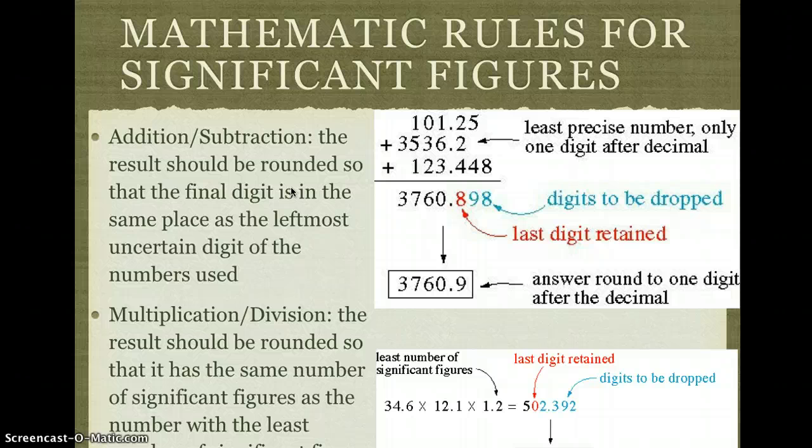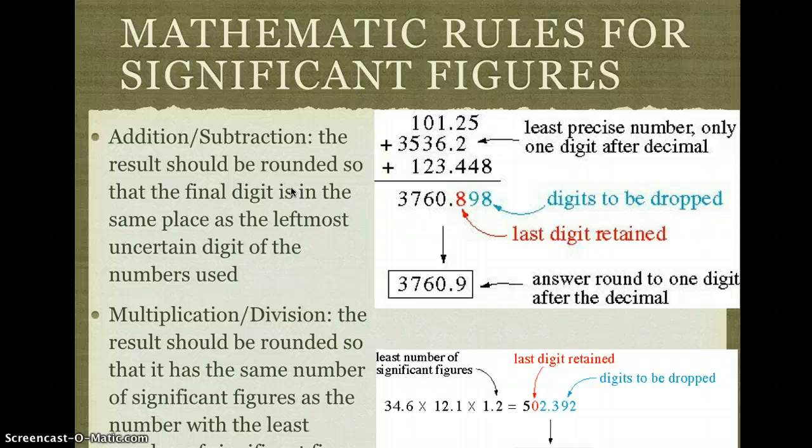So when I look at this, I've got to round my answer to the least amount of all those 3, and the least amount is 2 significant figures. So I multiply them all, I get 502.392, and I realize I've got to round this only to 2 significant figures. So I start with the first one I come to that's significant, which is the 5, and I go to the next number after that.